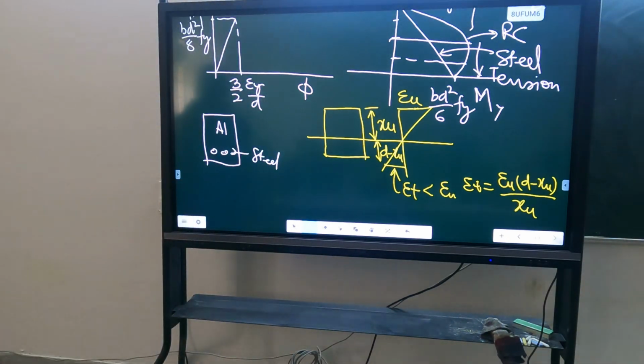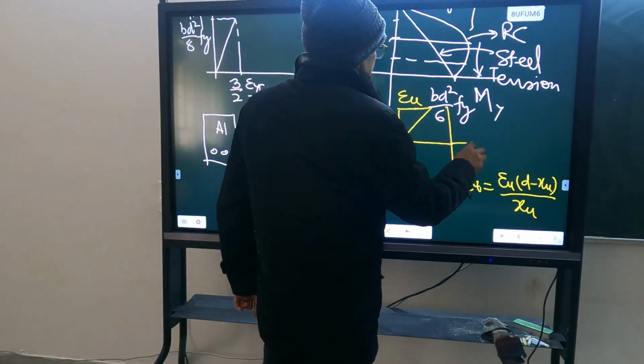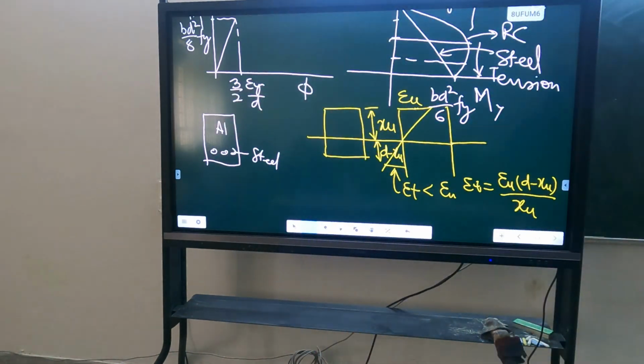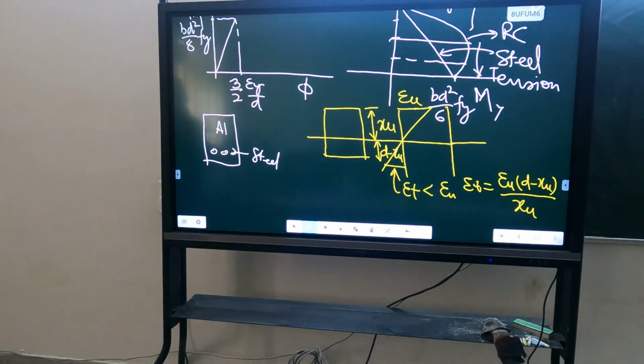Can you calculate the moment capacity now? What will be the stress distribution in such a case? Can you plot the stress distribution?